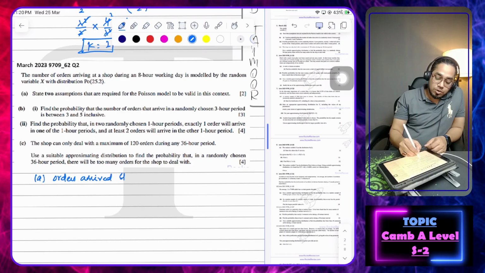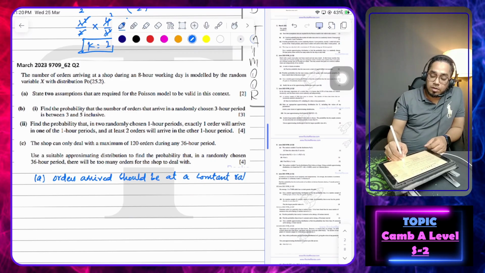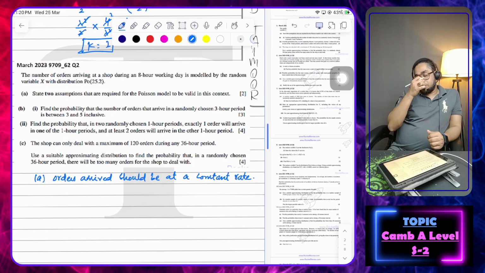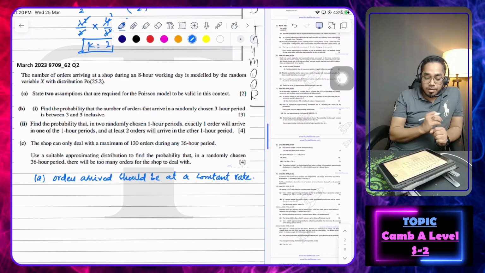Orders arrive at a constant rate, because the fourth assumption of the Poisson is exactly that the rate should be the same for every particular unit.